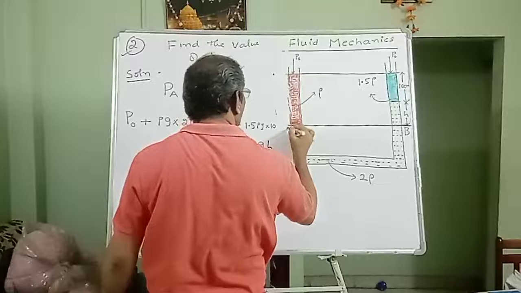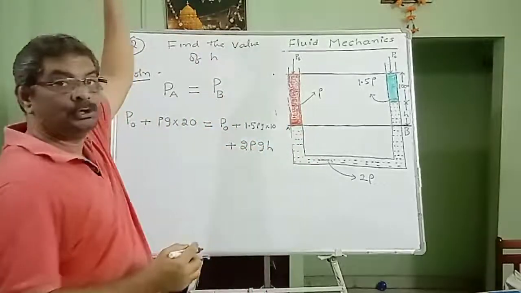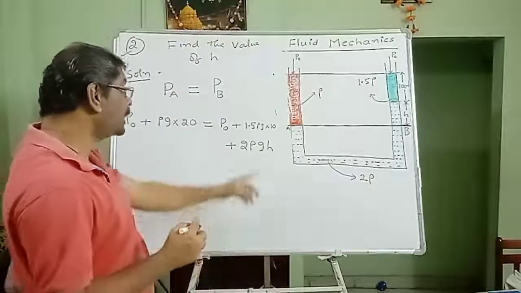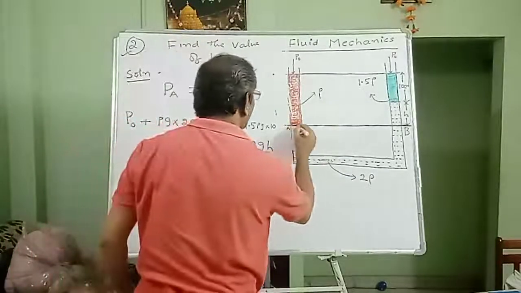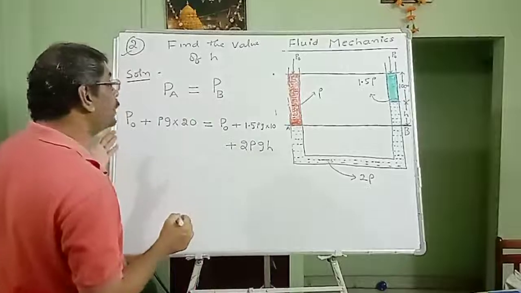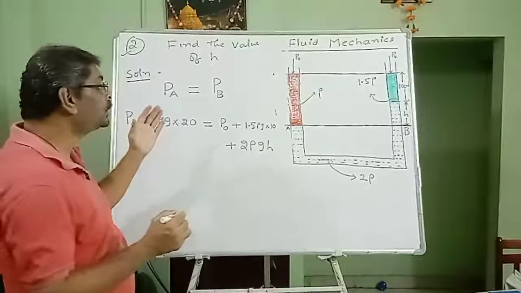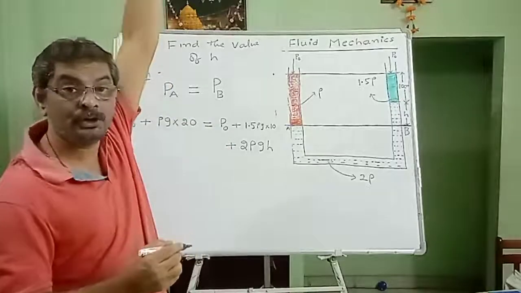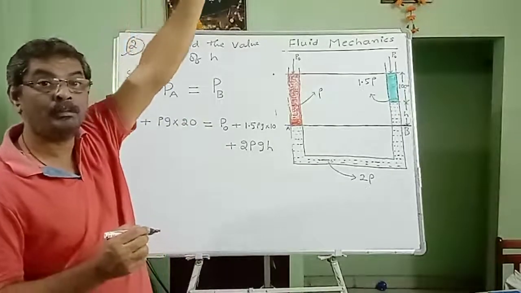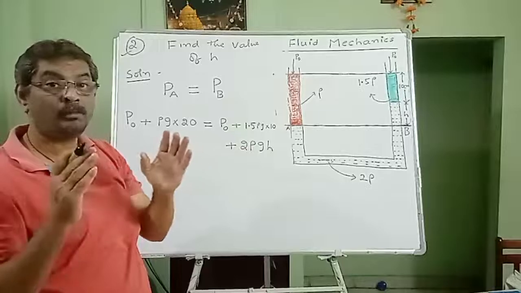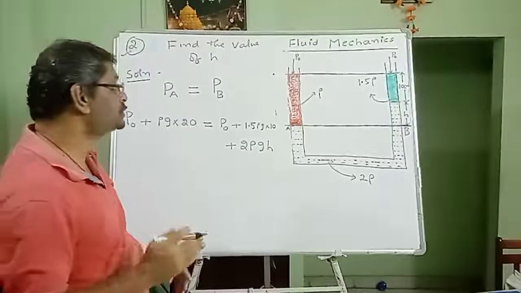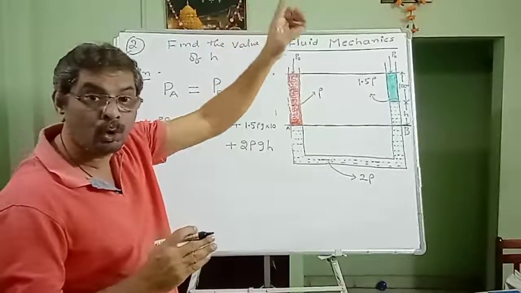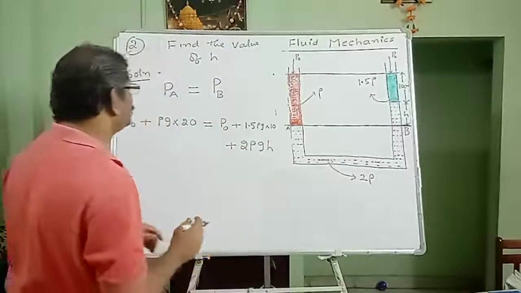This will be the point A. Now you can clearly see the total pressure at point A, P naught plus rho G into 20, will be numerically equal to P naught plus 1.5 rho into G into 10 plus 2 rho into G into H.